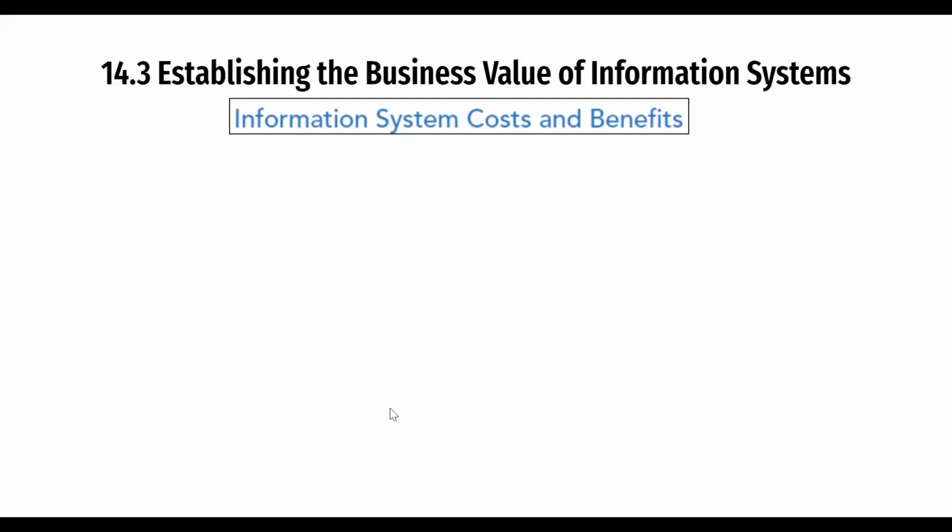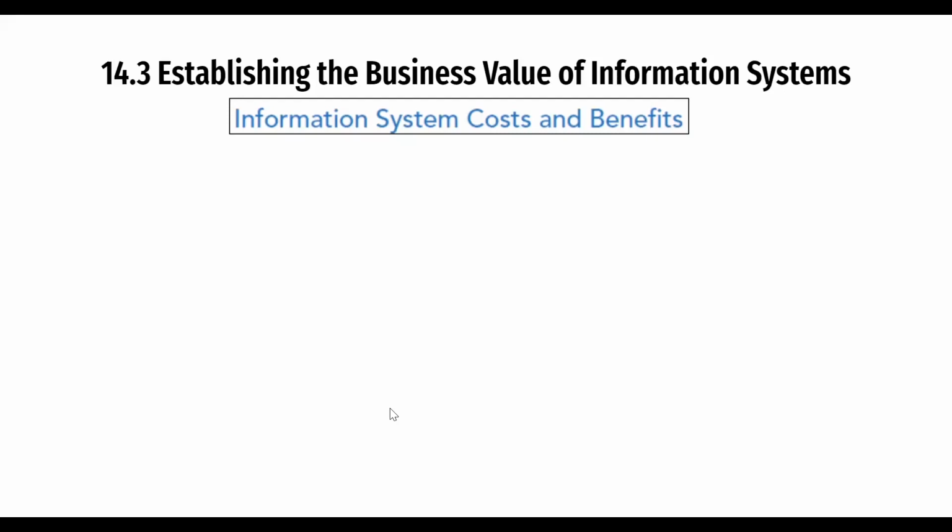Because the value of the systems from a financial perspective will always revolve around the issue of return on invested capital. So the organization will ask if a particular information system investment produces sufficient returns to justify its cost.